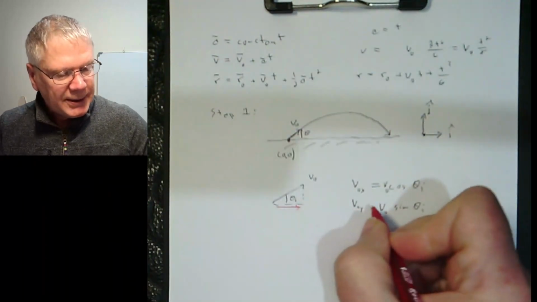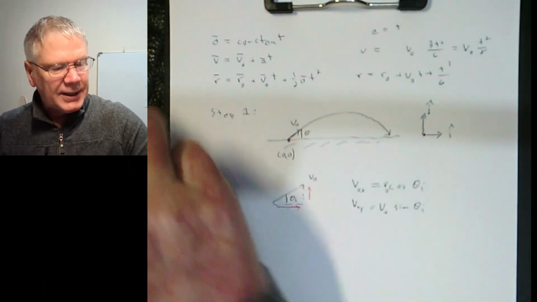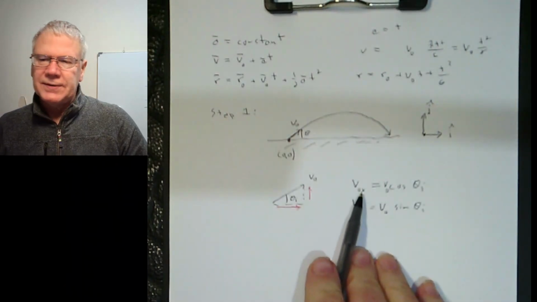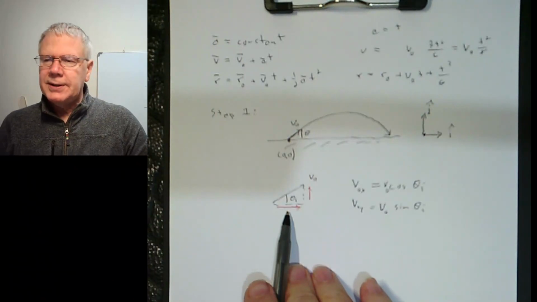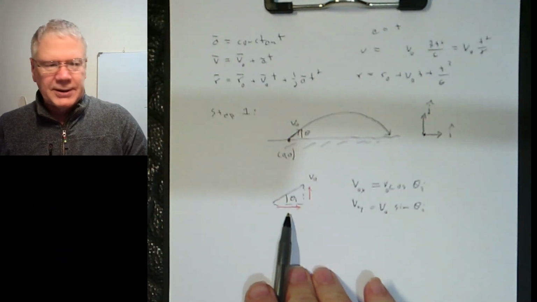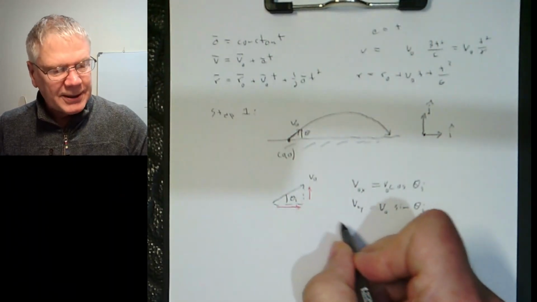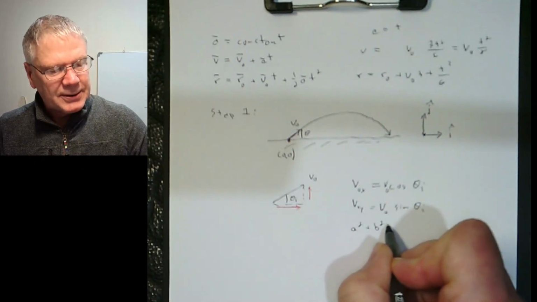And sometimes we need the tangent. So the tangent of theta would be the y velocity over the x velocity, opposite over adjacent. Okay, so you need to know a little bit of right triangle trigonometry, but that's about it. And also you should know the Pythagorean theorem by now. A squared plus b squared equals c squared.